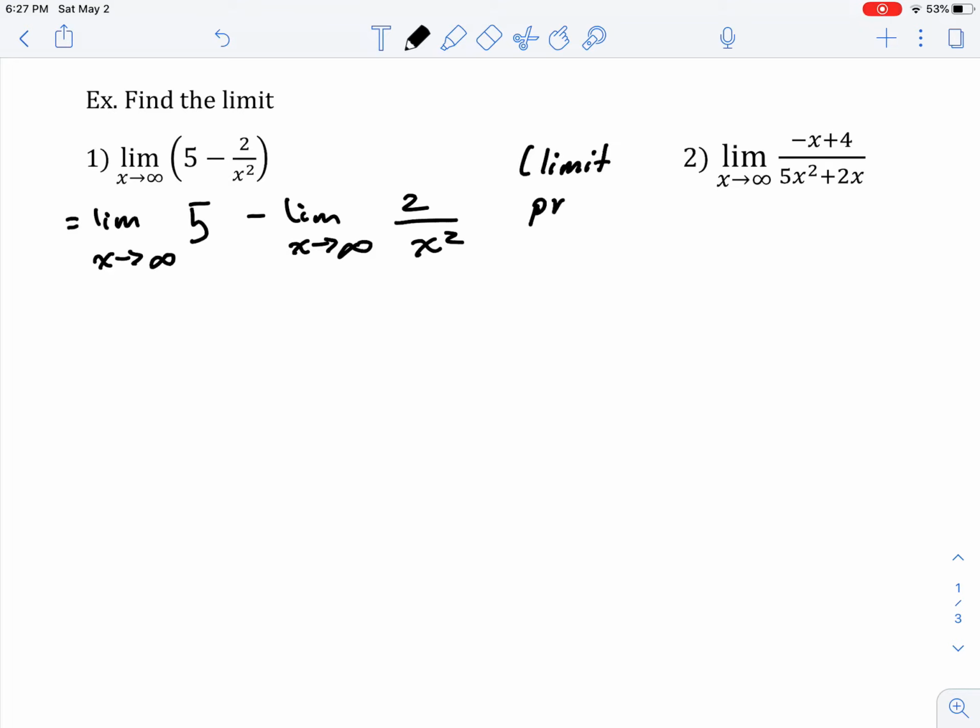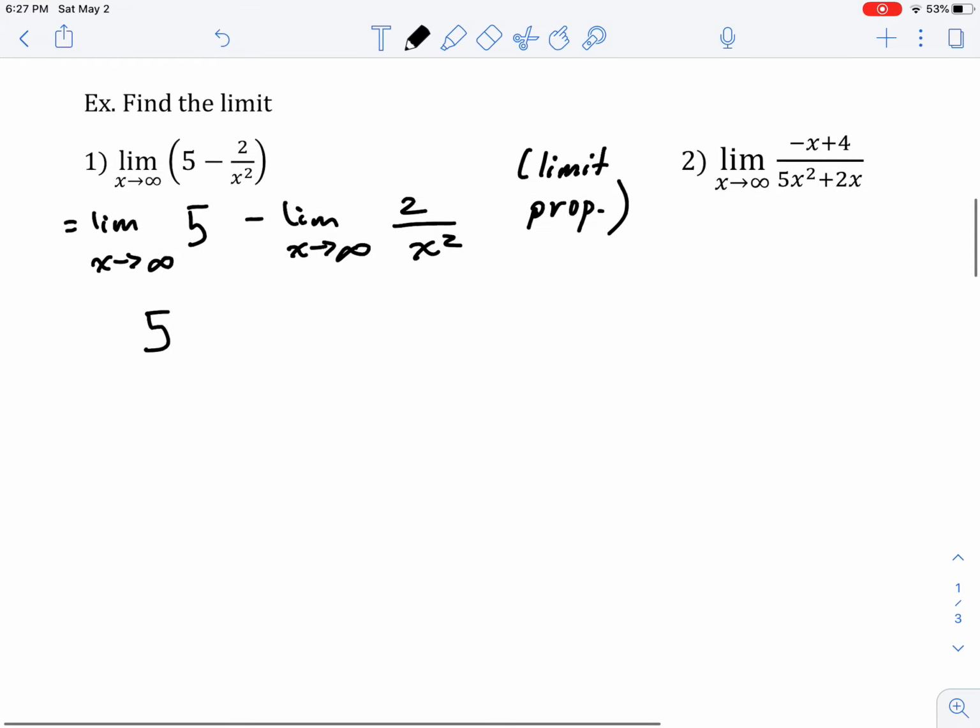I'm just using a limit property here, and we reviewed these in previous videos. So the limit as x approaches infinity of 5, well, if my function is 5, it's just some constant. As x gets closer to infinity, it doesn't really matter. This is always going to be equal to 5.